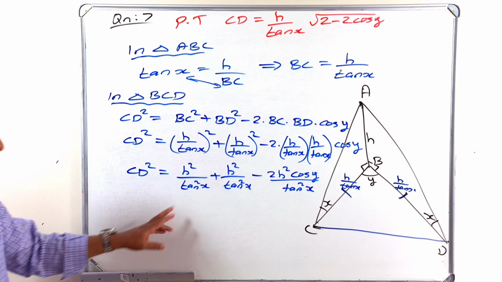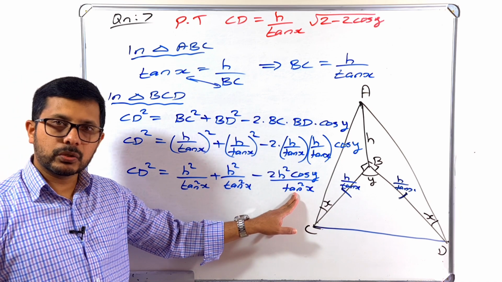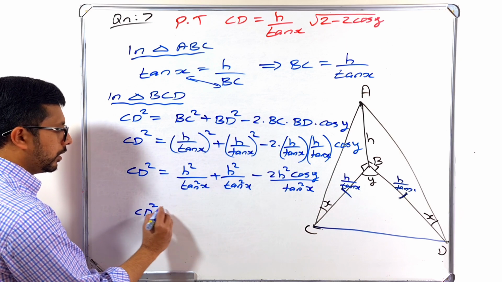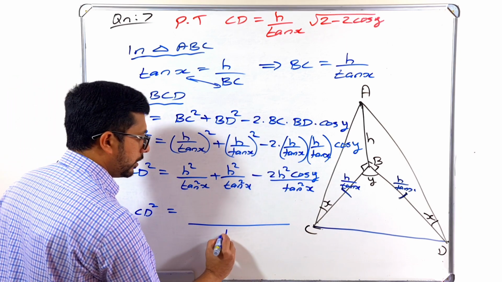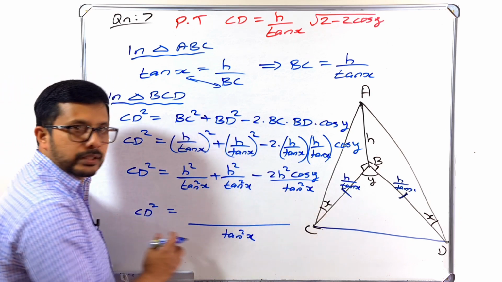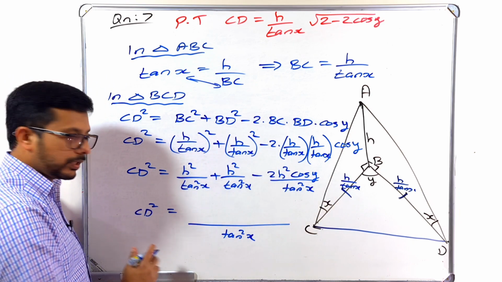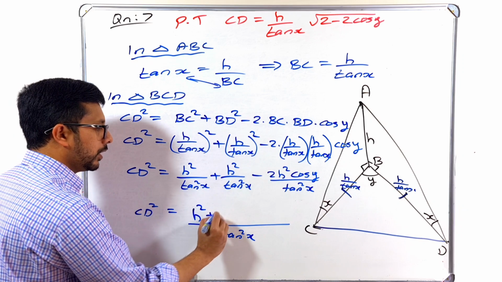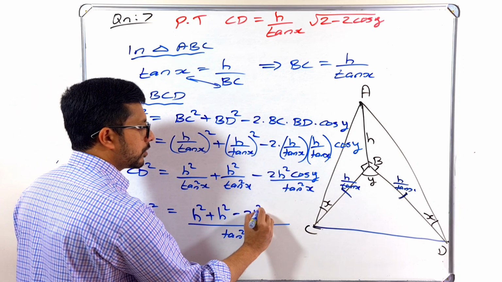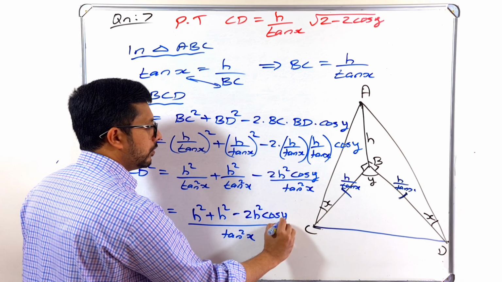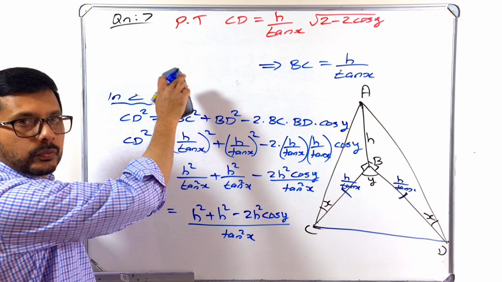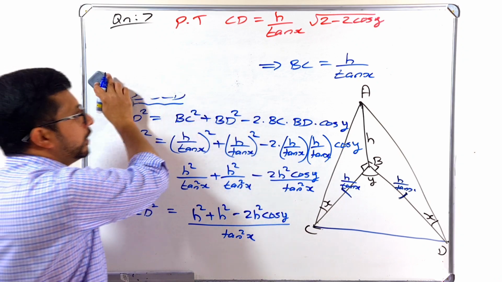So here you can see in all three terms tan squared x is the denominator. So you can take the LCM, CD square is equal to, what is the LCM? Tan square x. Since the denominators are the same, we can just write the numerators as they are. So it is h square plus h square minus 2h square cos y. Those who didn't write this, you have to pause the video and write it.